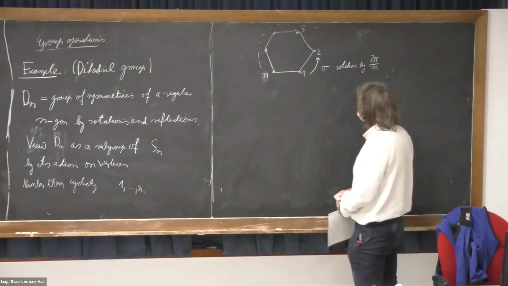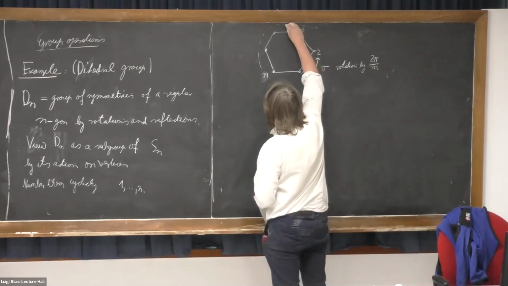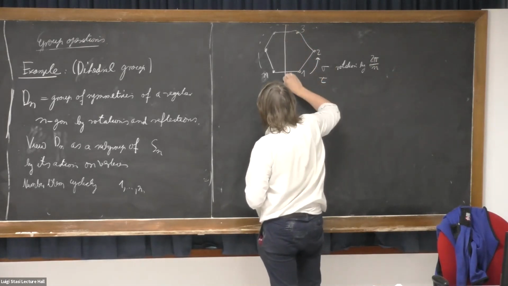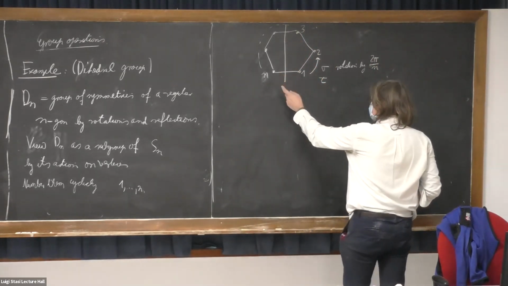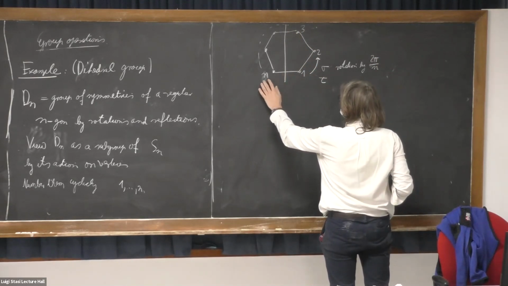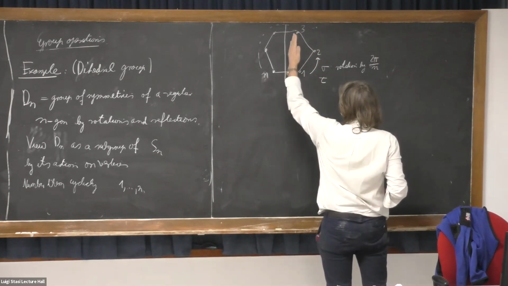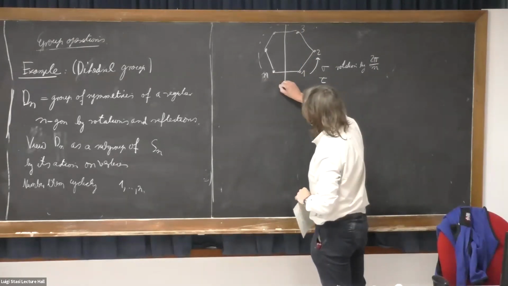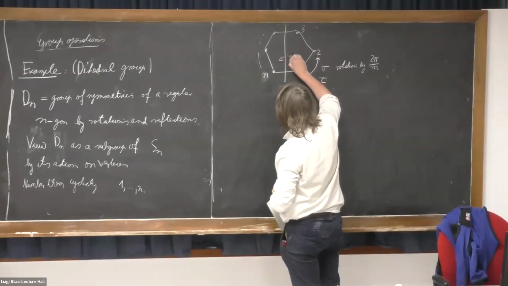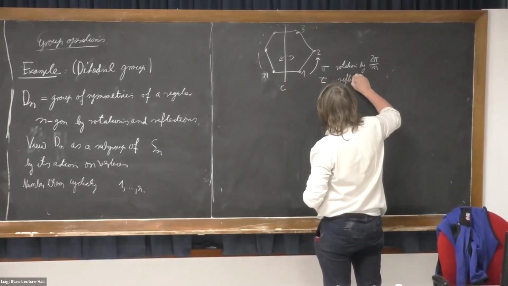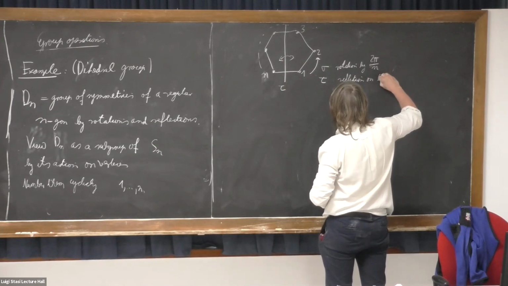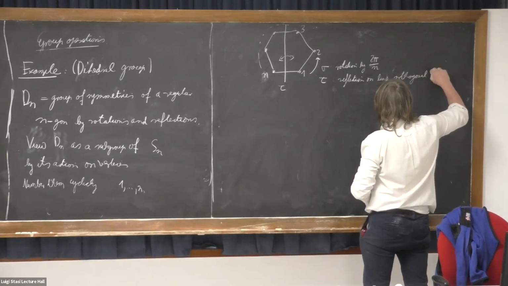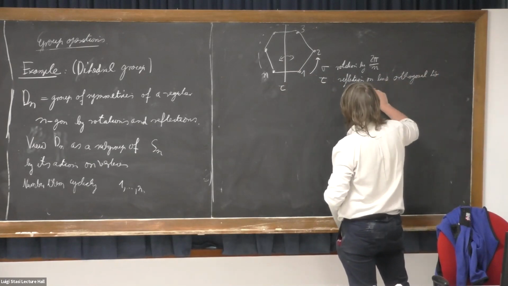And then we can take tau, which is the reflection along, say, the line which is orthogonal to the edge between n and 1.